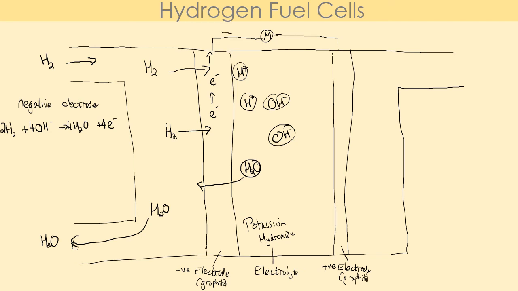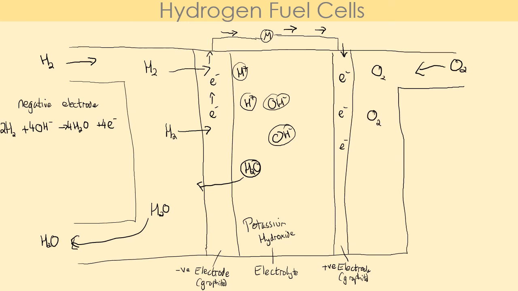Those electrons will pass through and will move through. The symbol up here, the M, is for a motor. We can use it to drive a car. We come down here and we have our electrons continuing to flow down. On this side, we have oxygen gas coming in. So we have O2 gas coming in.